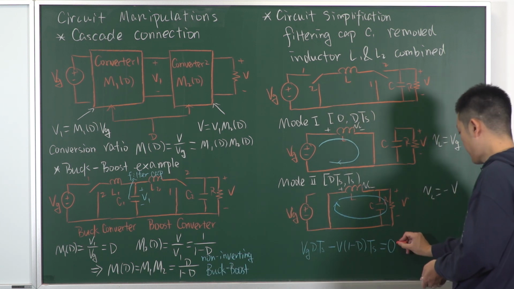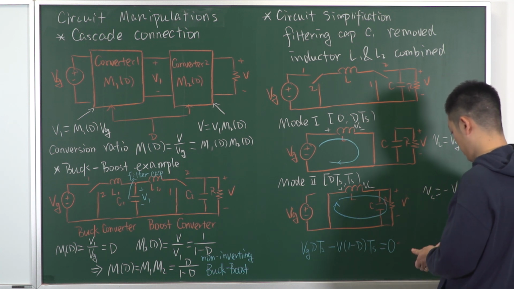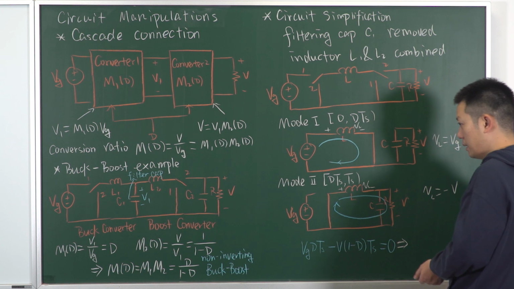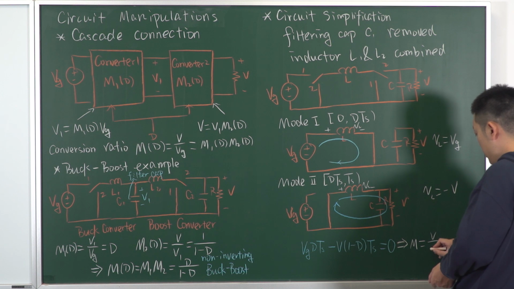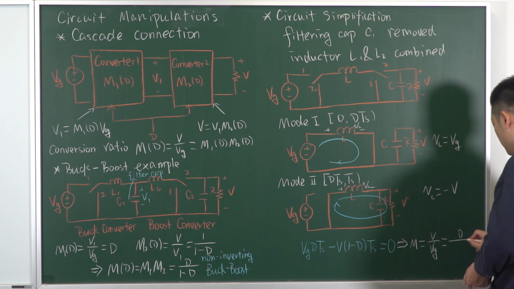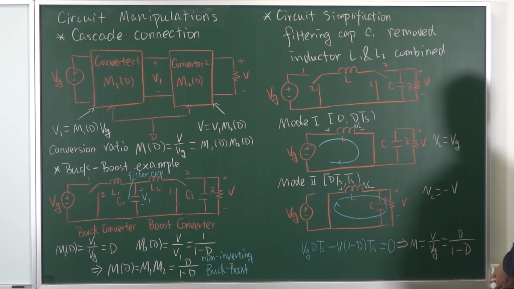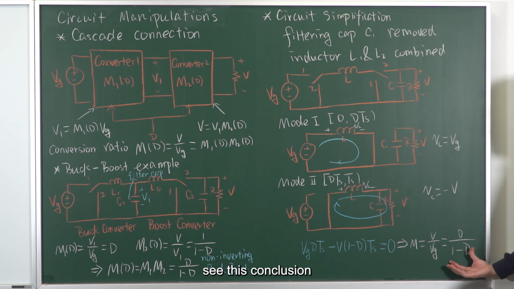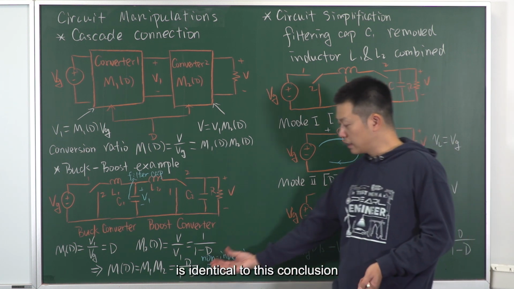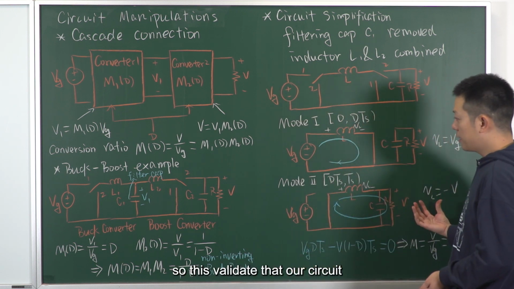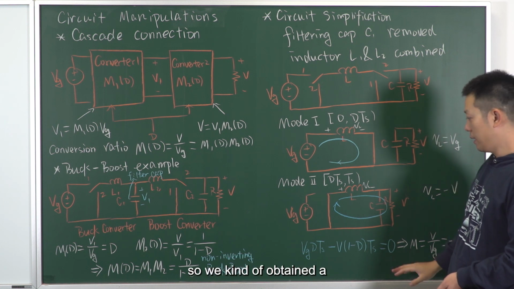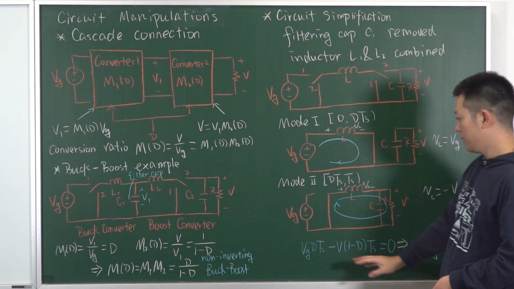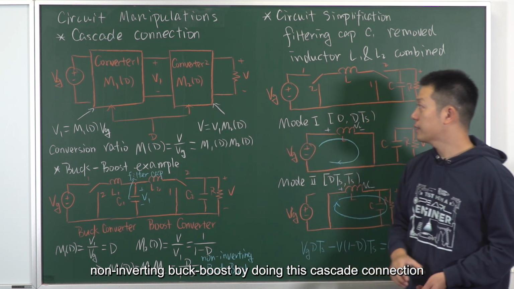So we can derive M, the voltage conversion ratio, equals output voltage over input voltage equals D over 1 minus D. See, this conclusion is identical to this conclusion. So this validates that our circuit simplification is accurate. So we obtained a non-inverting buck-boost by doing this cascade connection.